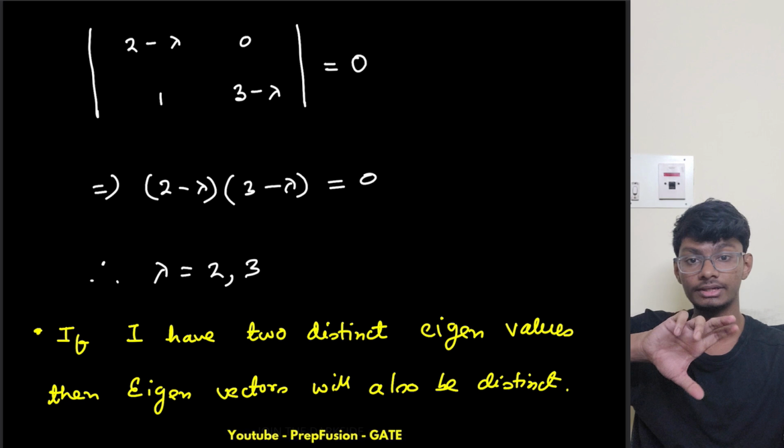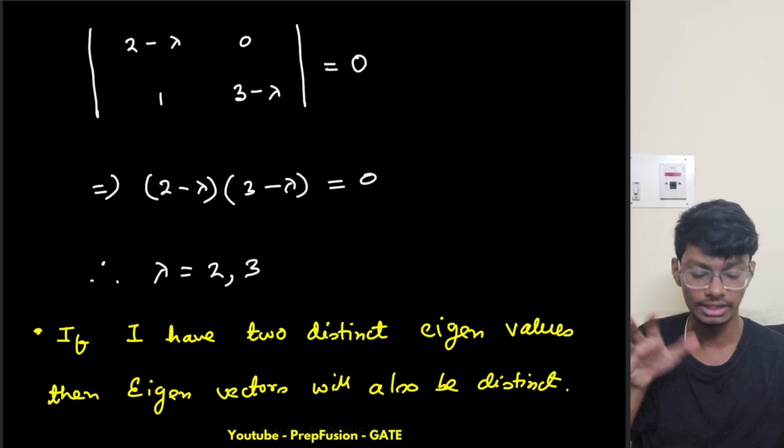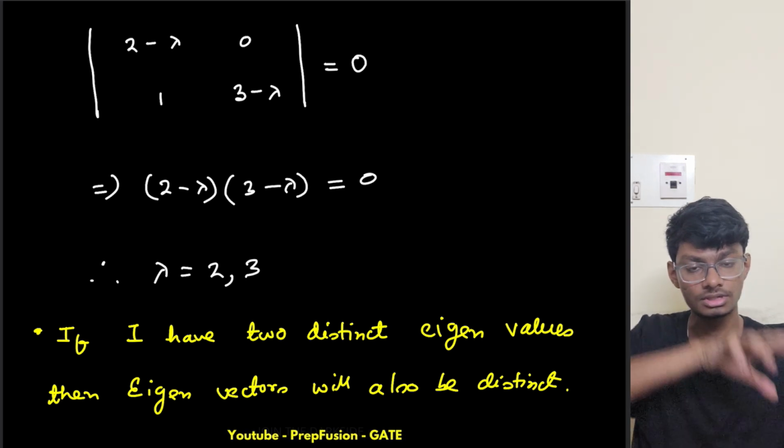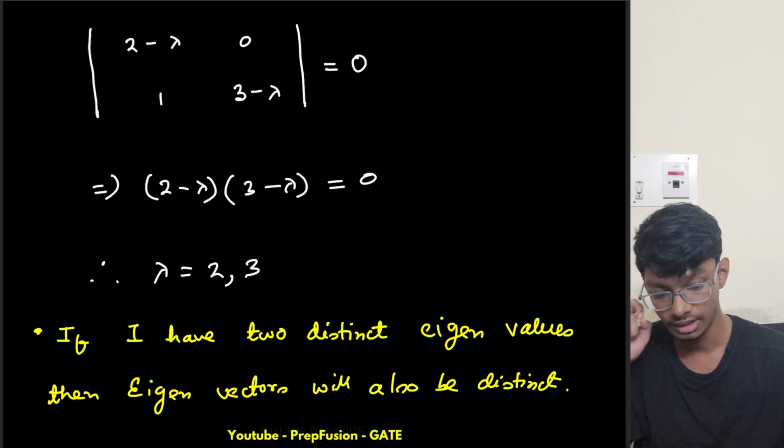Now what if I apply the reverse rule? What if I say vice versa? Is the vice versa true, that if I have distinct eigenvectors, the eigenvalues will be distinct? Just think and tell me.